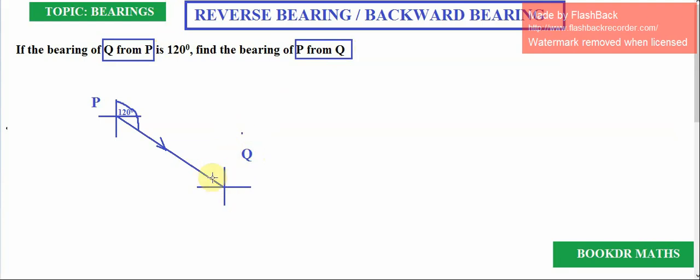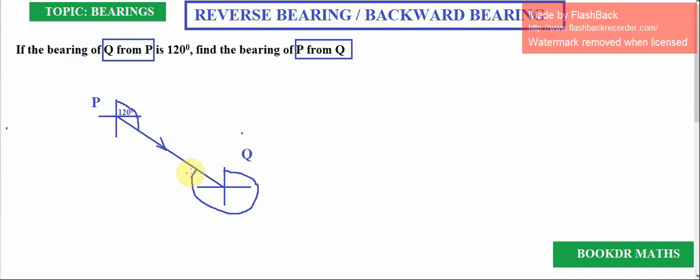Now at Q, the bearing of P from Q, if you're looking for the angle at Q, this is a 3-digit bearing. It will be measured from the North Pole of Q through the clockwise direction up to this line. So we are looking for the value of the angle from this point up to this line. There are so many ways we can get that.